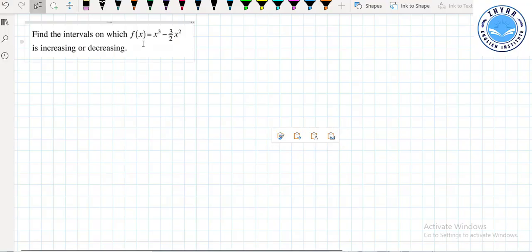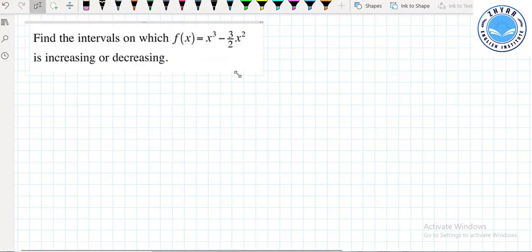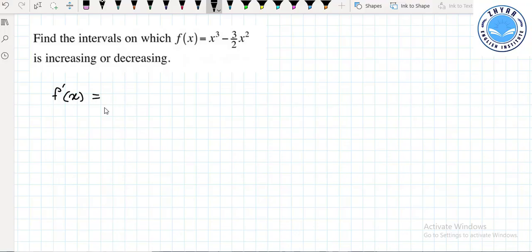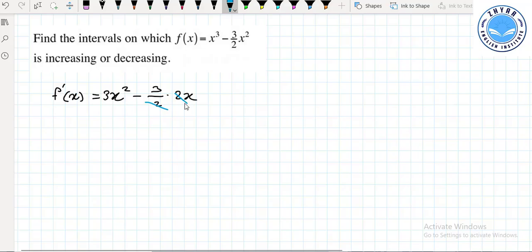Alright, to find intervals when a function is increasing or decreasing, we find the derivative first. So we begin with f prime x. The derivative of x power 3 is 3x power 2, minus 3 over 2 multiplied by 2x power 1. 2 cancels 2. So what we have is 3x squared minus 3x.